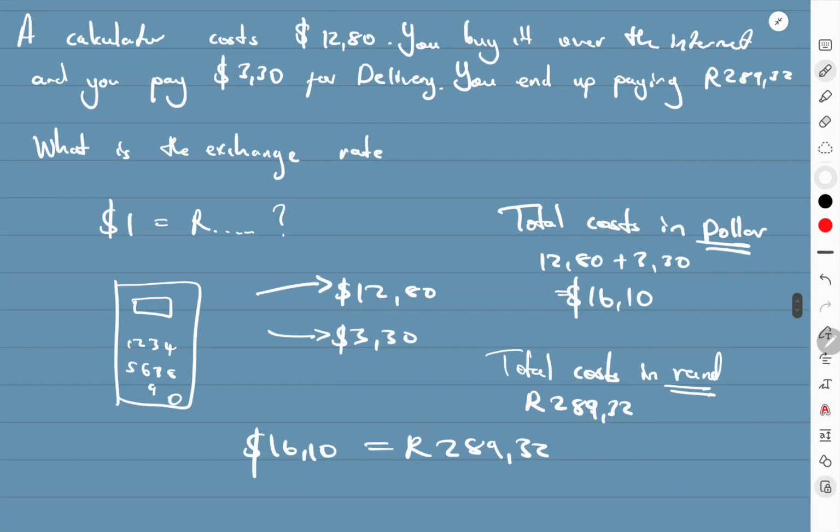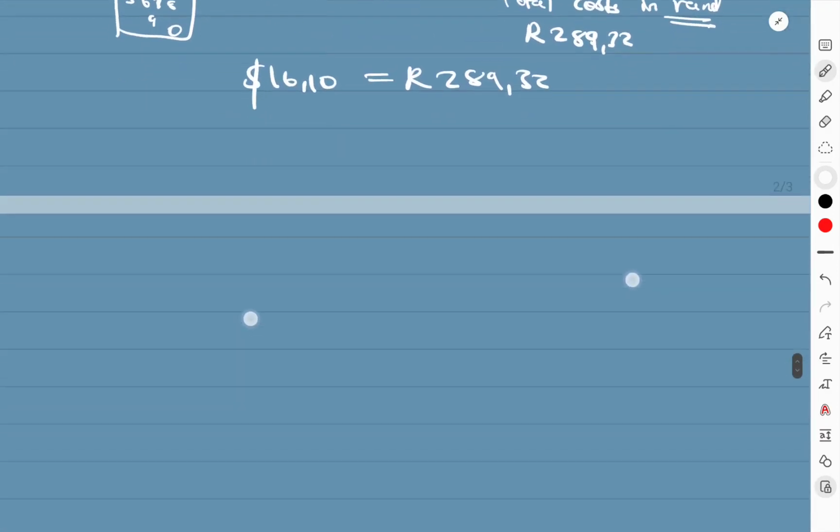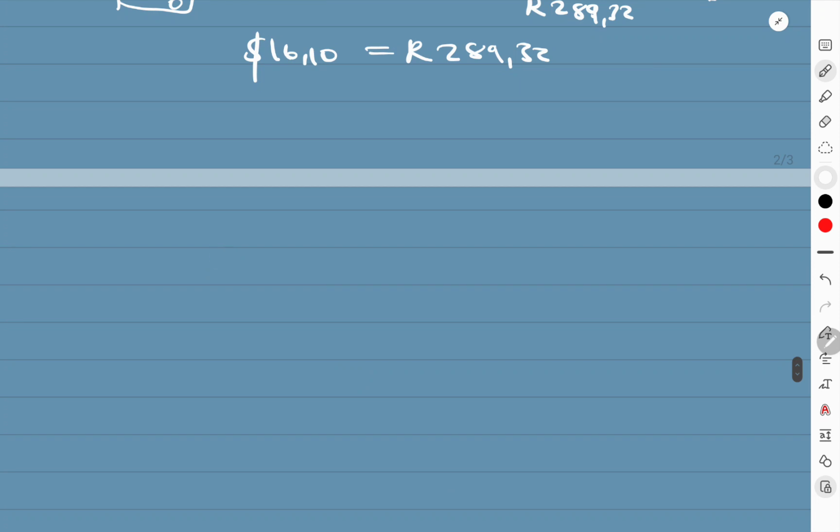If you want to pay $16.10, but you want to pay in rands, you are going to pay 289.32 rands. So now we want to know what $1 is equal to, if 16.10 is equal to 289.32. What is a dollar worth in terms of rands? We have a table with my dollars this side and my rands this side.